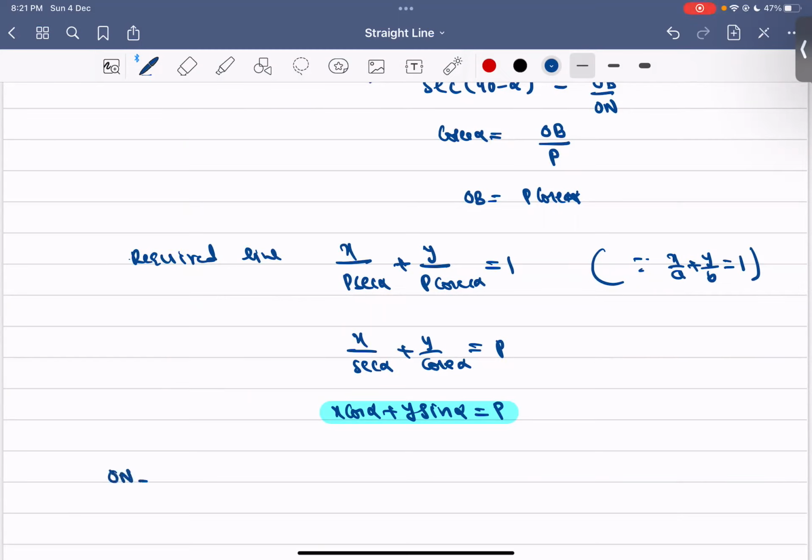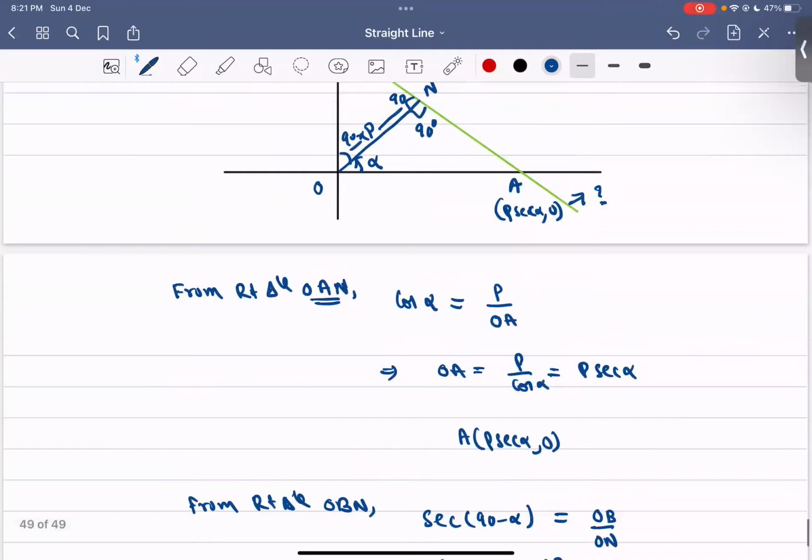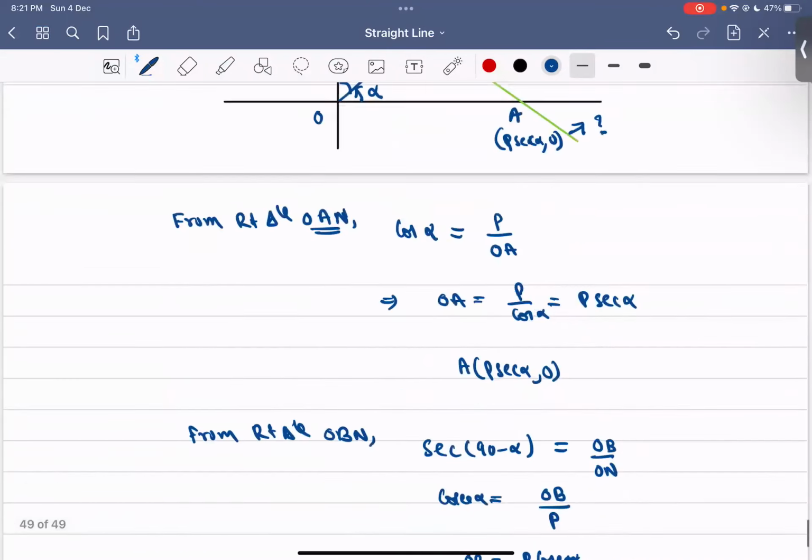Here ON is equal to P, and angle AON is equal to alpha.